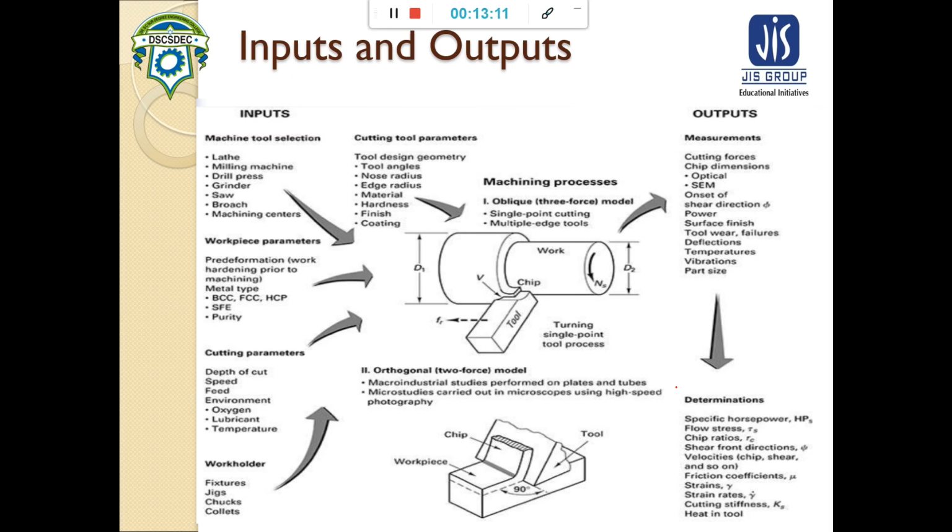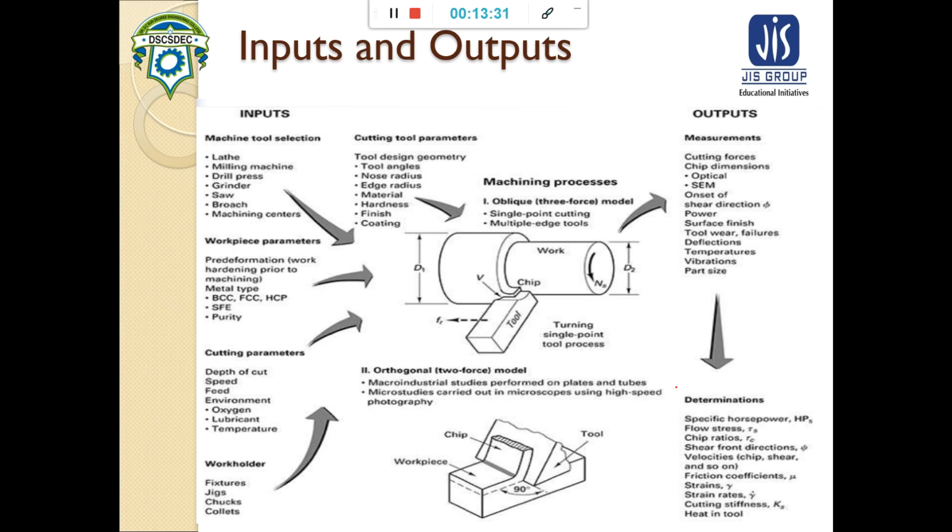shear front direction, velocities such as chip velocity, shear velocity, and so on. We can derive friction coefficient mu, we can derive strains, strain rate, cutting stiffness, and heat generated in the tool due to machining operation.